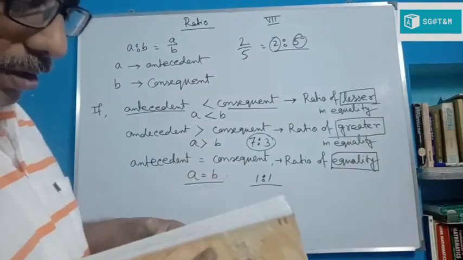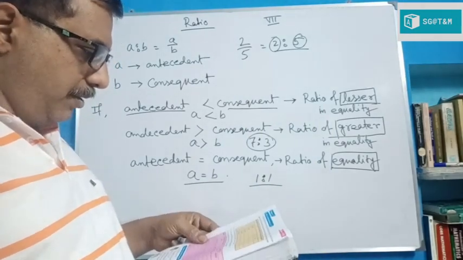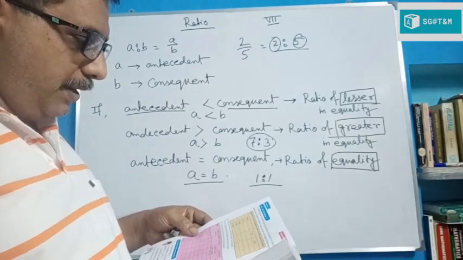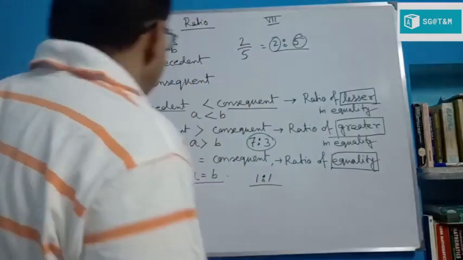In your book, there is a table on page number 28. The ratios are given, and you need the simplified form, antecedent, consequent, and the type of ratio: greater inequality, lesser inequality, or equality. Draw the table first.